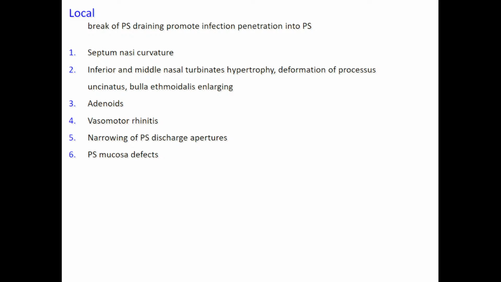So, it may be deviation of the nasal septum, hypertrophy of nasal turbinates, different deformations of the uncinate process, enlarged bulla ethmoidalis. It may be adenoids, vasomotor rhinitis, narrowing of the paranasal sinus ostia, defects of the mucosa of paranasal sinuses.